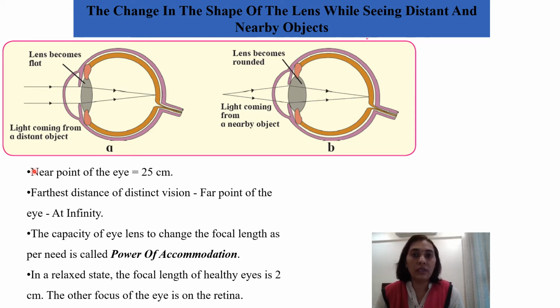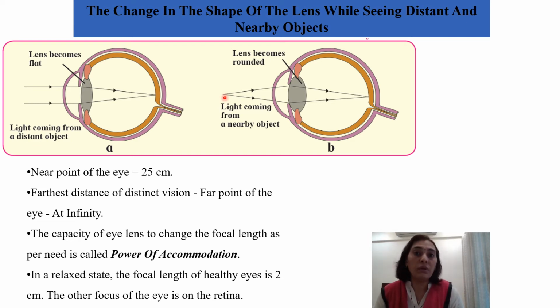Let us now look at these important points. Near point of the eye, 25 centimeters. Near point refers to the nearest point, or the minimum distance, at which you can hold an object and see it clearly. Try to read the textbook by bringing it very, very close to your eyes. Will you be able to read it? No, because there has to be a certain minimum distance at which you need to hold the book so that you can read the letters clearly.